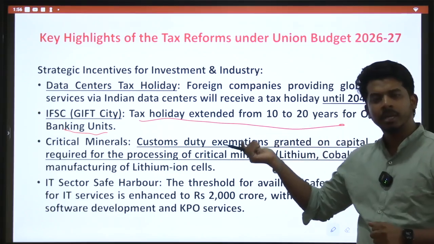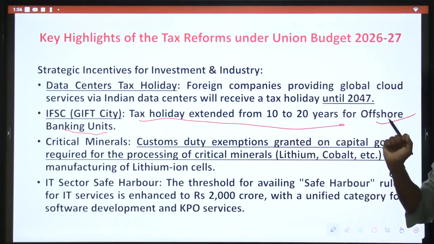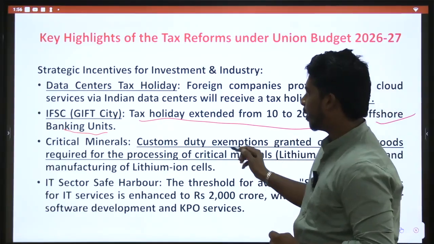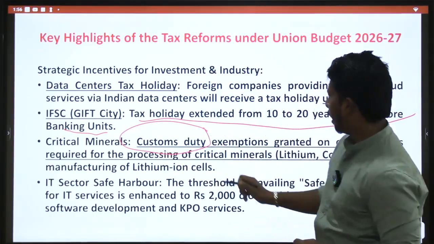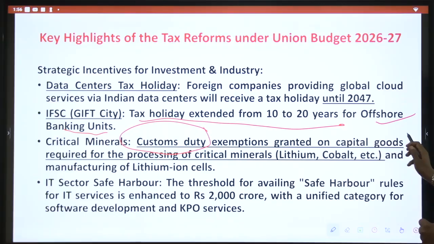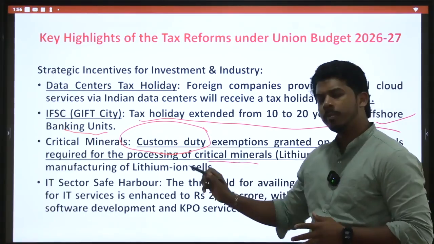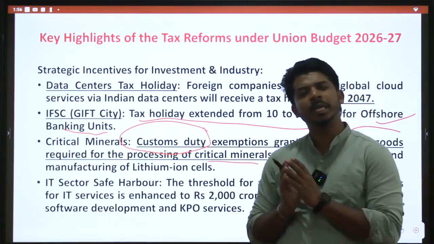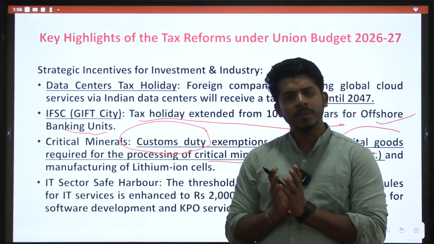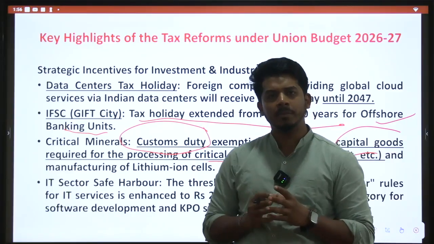Previously it was 10, now another 10 added, so 20 years. Then customs duty has been exempted on capital goods needed to process critical minerals. In the previous class we have seen there are something called critical minerals, which are highly available in China.